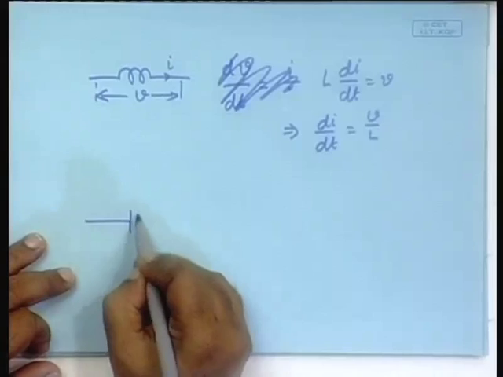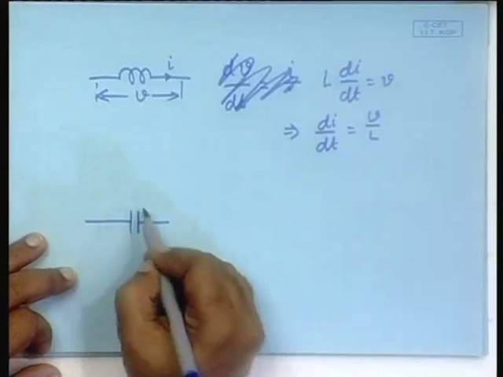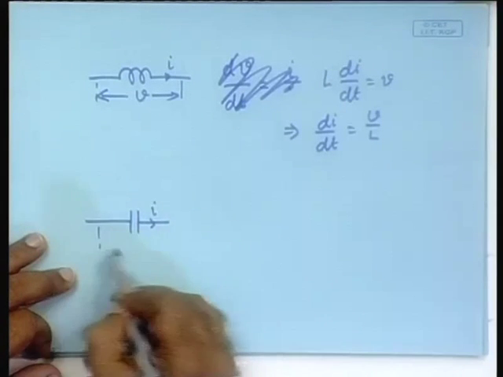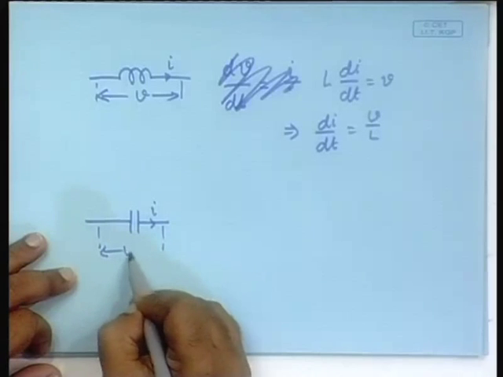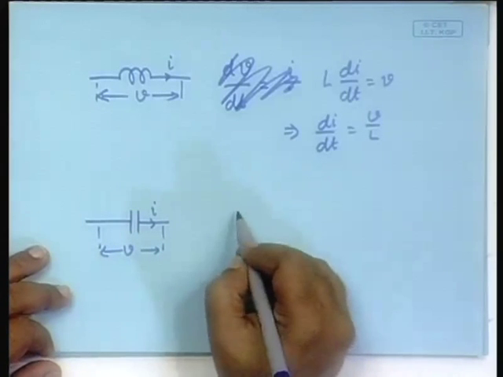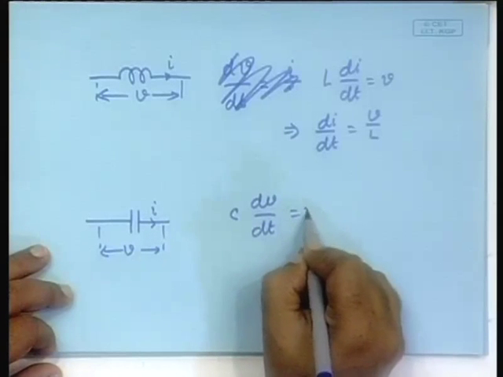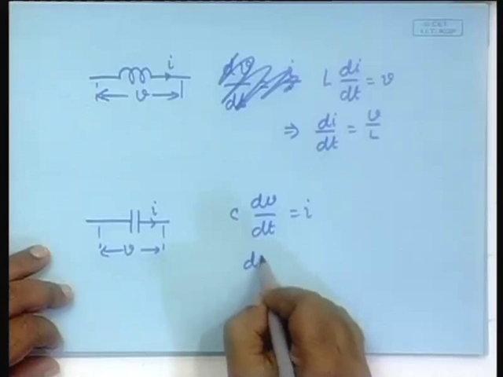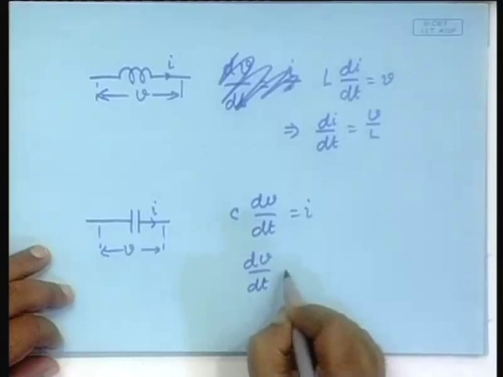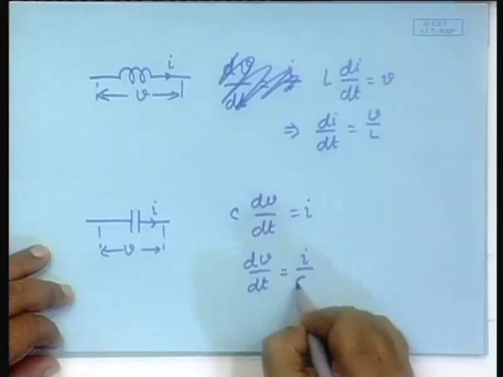Similarly, if there is a capacitor in a line, again the current is I and the voltage is say V, then it will be C dV dt is equal to I, or dV dt is equal to I by C.